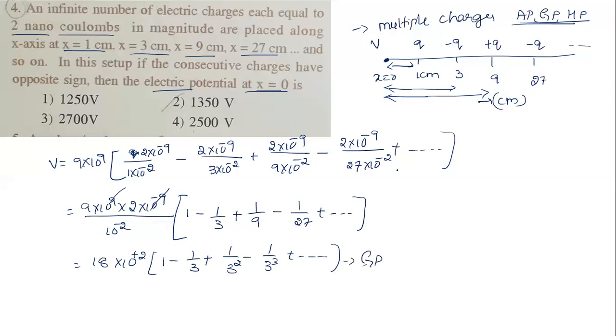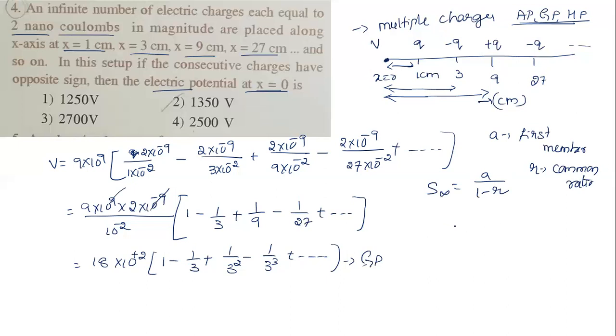Geometric progression. The sum to infinity is given by the formula A divided by 1 minus R, where A is the first member and R is what we call the common ratio.